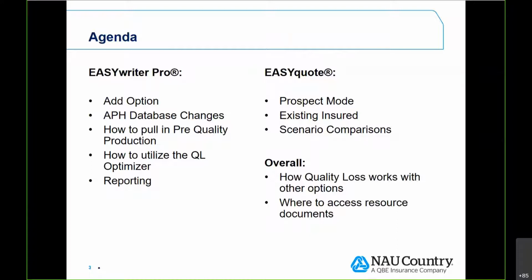So we're going to talk about EASYwriter Pro, how to add the option, what's going to change in your APH database, how we are going to get that pre-quality production into the database, and then the biggest time saver ever, which is how to utilize that quality loss optimizer. And then, of course, how do we do reporting and forms and documents around quality loss?